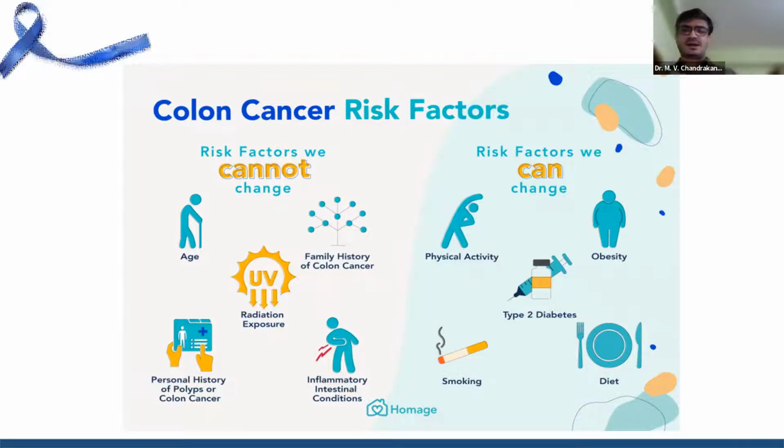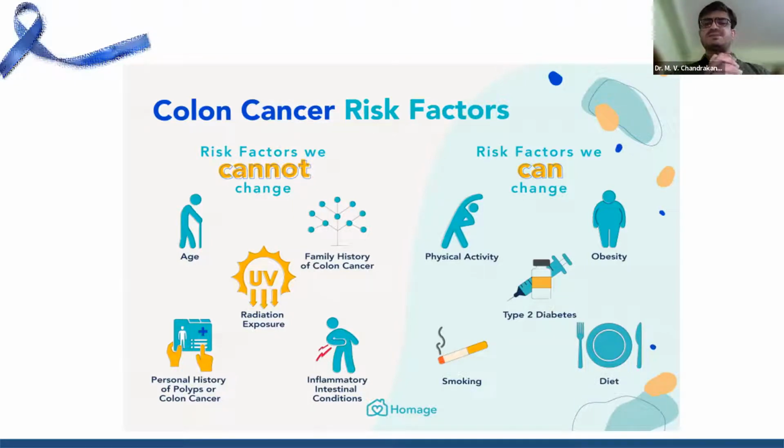So among the risk factors, there are some risk factors which we cannot change. For example, age. Me getting older is not possible to be changed. Family history, I cannot change. Whereas I can change some risk factors. For example, obesity, smoking, taking a lot of red meat or processed meat.